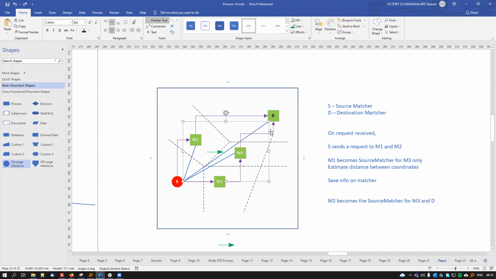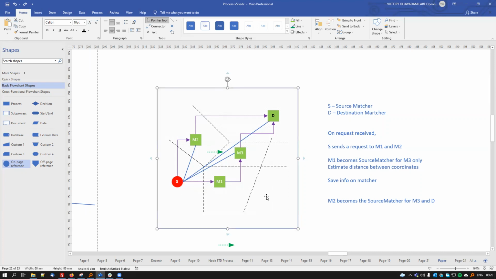M3 needs to forward, but M2 does not. Precisely. So it's like a boolean basically, and we already have that. Exactly. So the line between M2 and D, that forwarding should not happen.